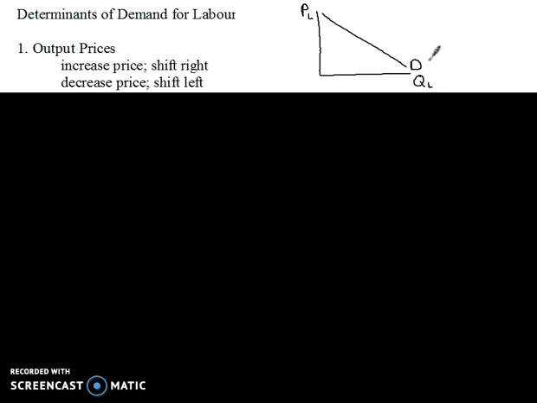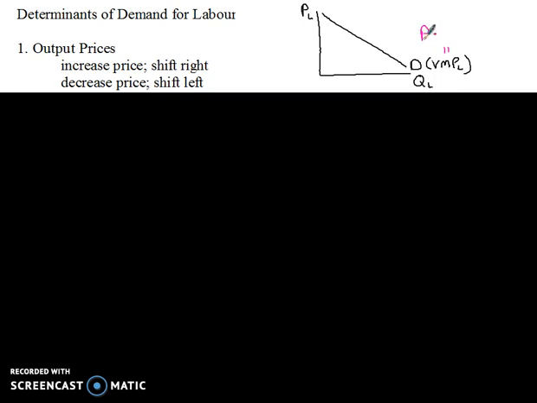And that demand curve, we said on a previous video, is called the value of the marginal product of labor. And we said that the value of the marginal product of labor was made up of two things. It was equal to the output price, the product that we're selling in the market. Maybe the company is selling TVs or something like that.